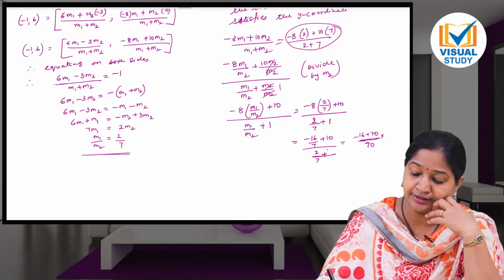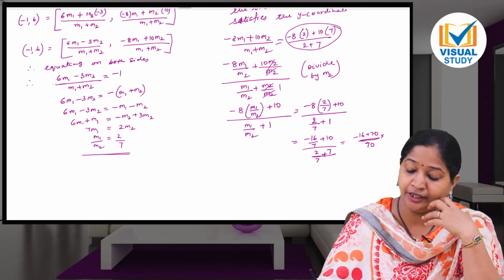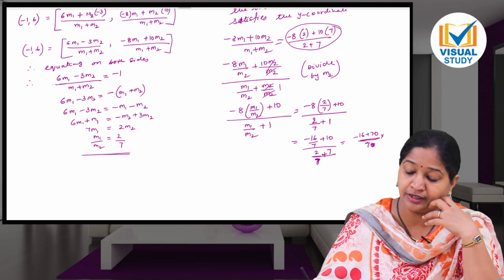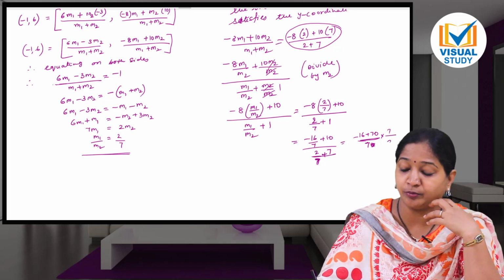So your LCM will be 7 on both, (16 + 70)/7 upon (2 + 7)/7.